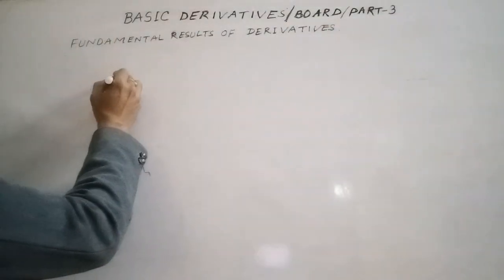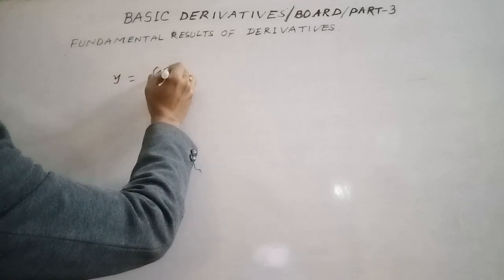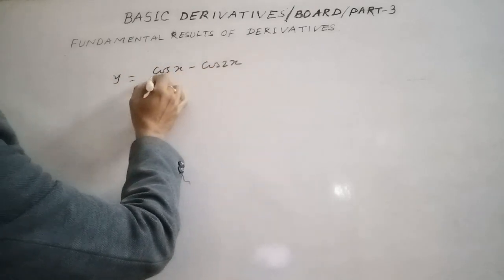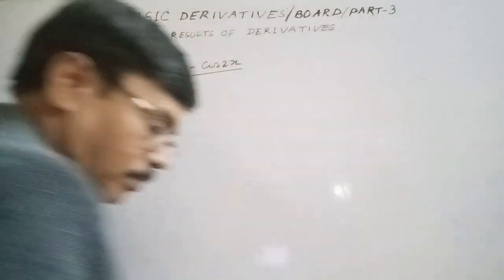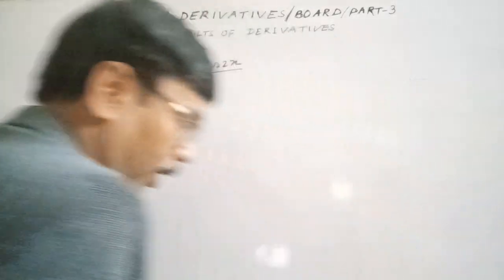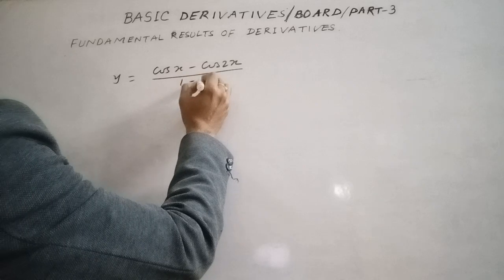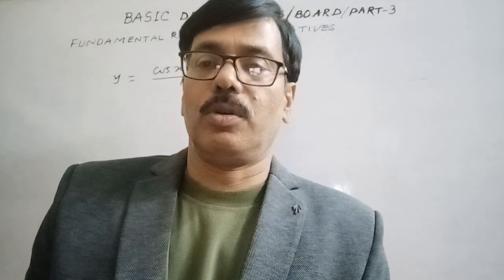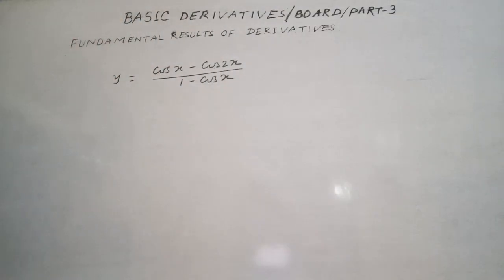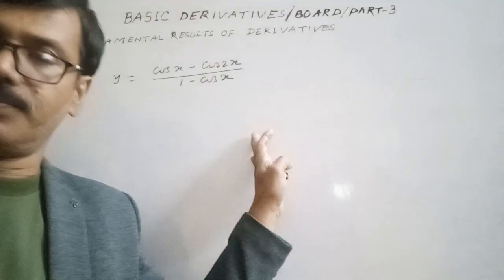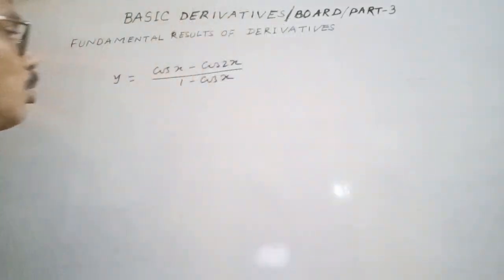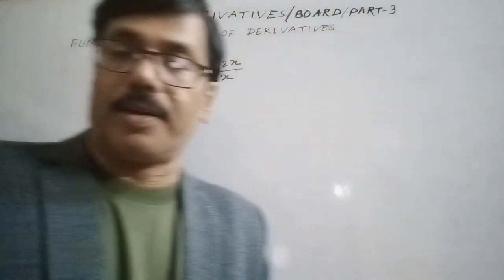Next problem. y equals cos x minus cos 2x by 1 minus cos x. So look, this is a ratio of two functions. You can use the quotient rule, but we do not know the quotient rule so far.